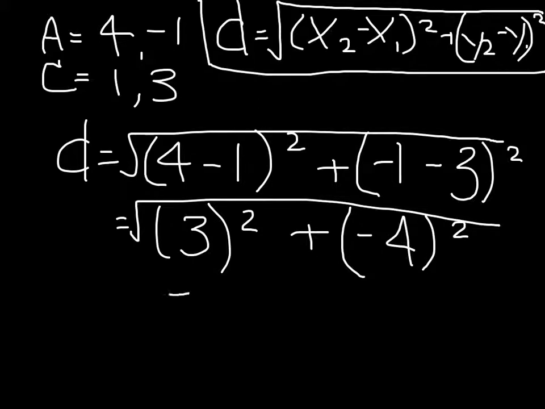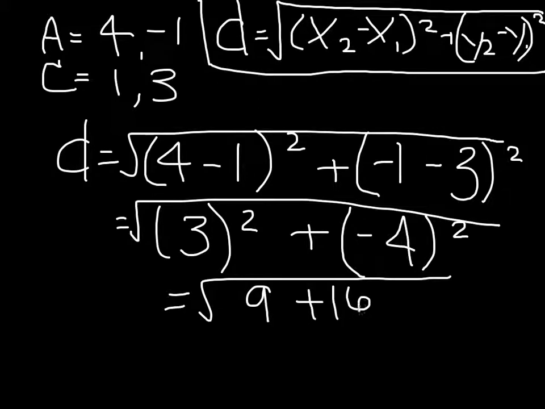Sorry, I didn't write that part down, so it kind of confused me. Okay, so now it is 9 plus 16, and that will give you the square root of 25 also.